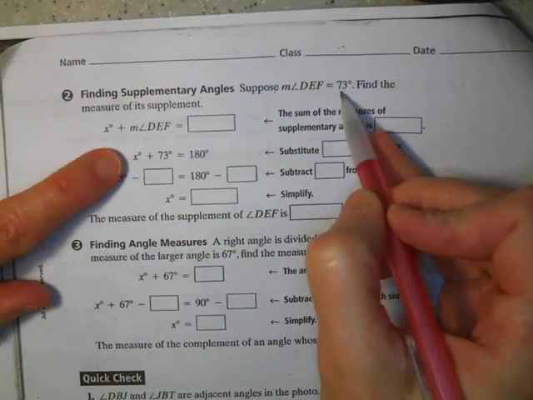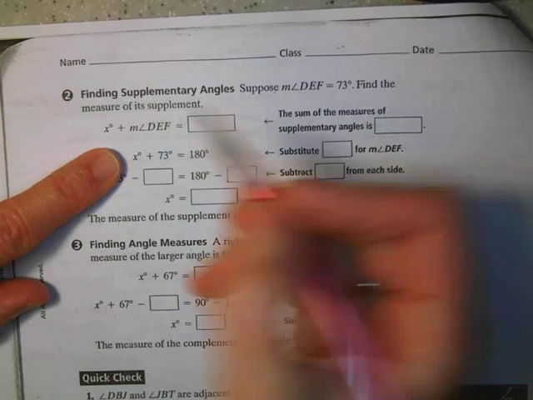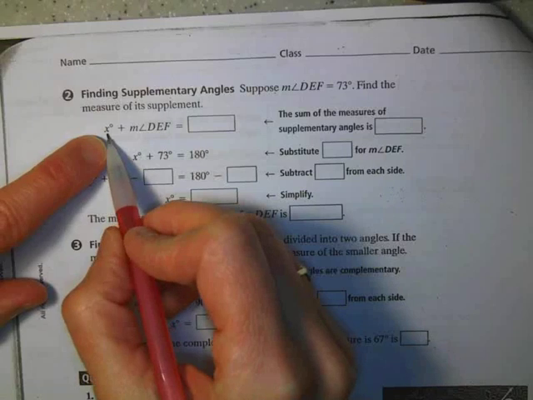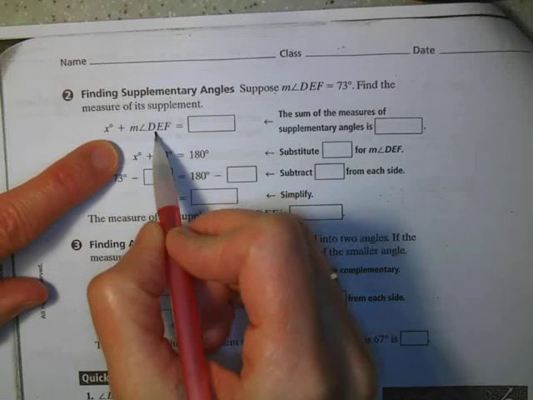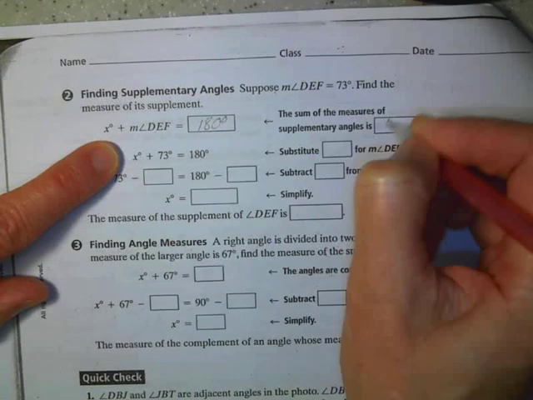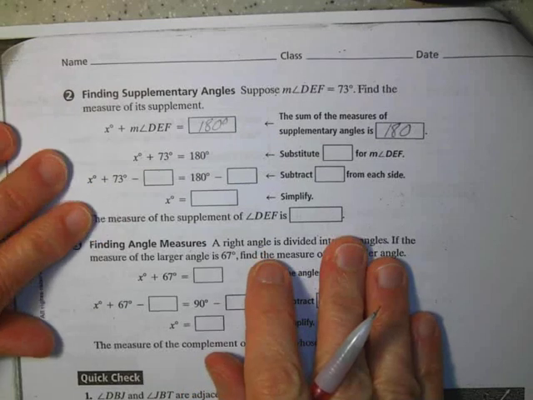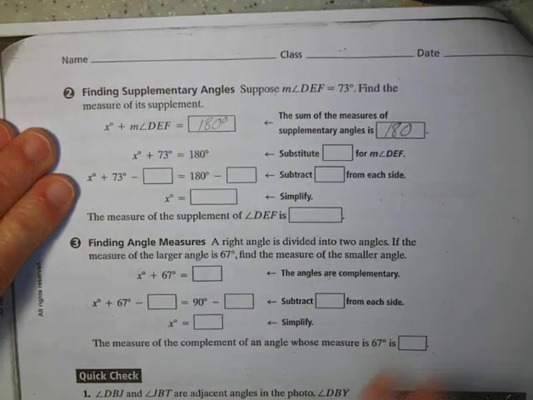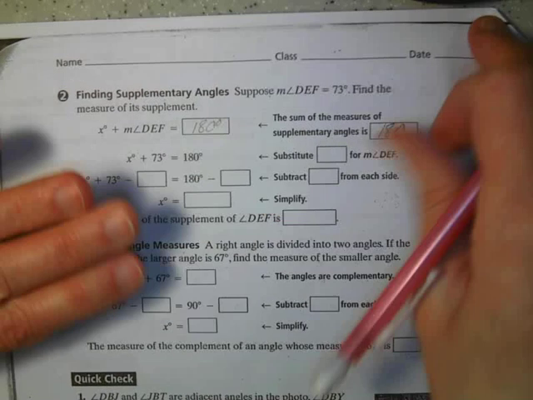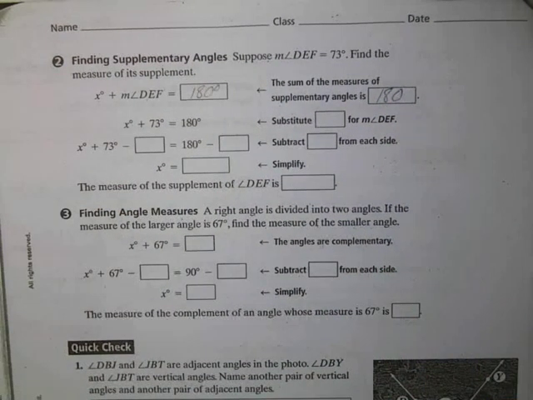Finding supplementary angles. Suppose the measure of angle DEF is 73 degrees. Find the measure of its supplement. The missing angle measure plus the measure of angle DEF should equal 180 degrees because they are supplementary. Now, this is done with algebra. I mentioned in class that I'm not going to be quite as particular about you showing algebraic work, as long as you are getting the geometric concepts here.